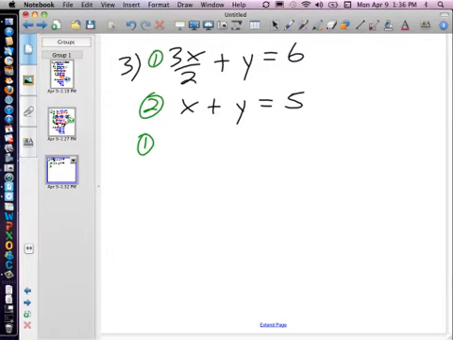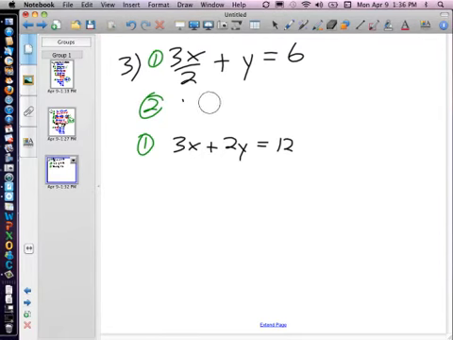So multiplying everything in equation 1 by 2, we get 3x plus 2y equals 12. I forgot to put a different color. x plus y equals 5. Let's put that in blue.